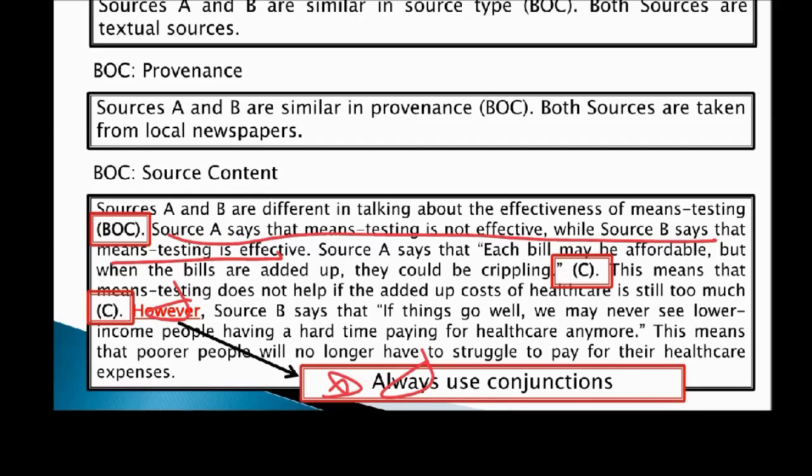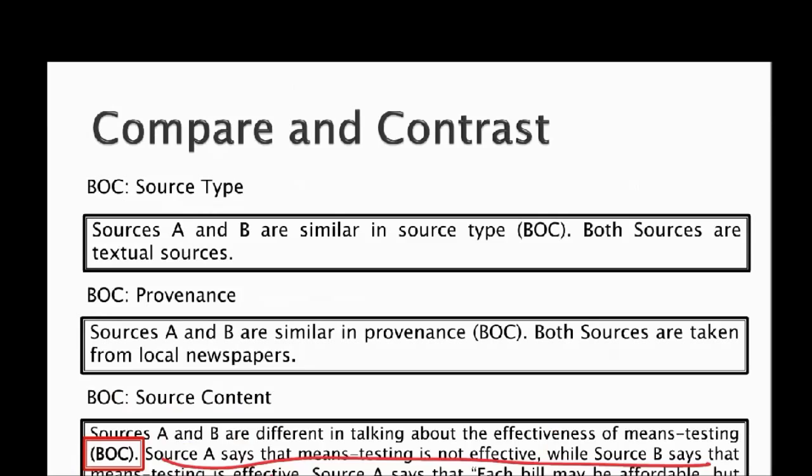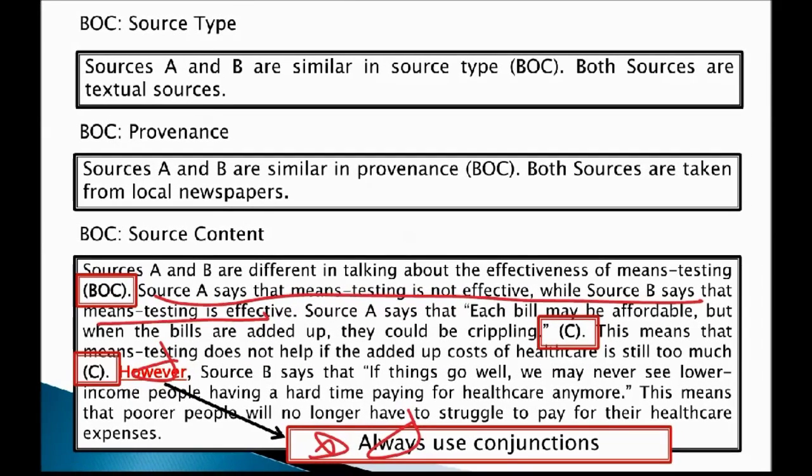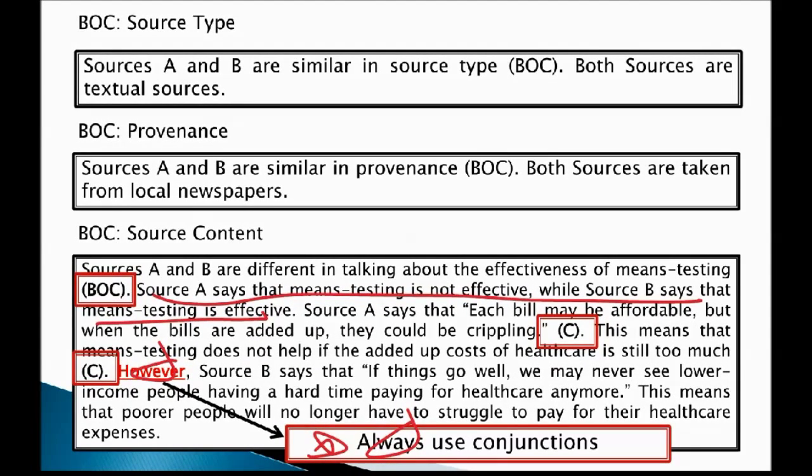No conjunctions, you may go back to L11 or L12. Okay, so now let's say the question of this source-based question is, how similar are sources A and B in talking about means testing? I need you to look at the similarities in the content.